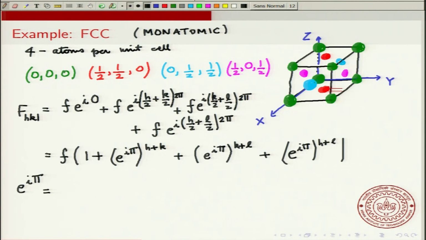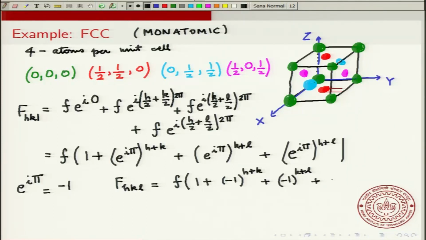Sin pi is 0, cos pi is minus 1. So, this is equal to minus 1. So, therefore, you have f of HKL is equal to f times 1 plus minus 1 raised to h plus k, plus minus 1 raised to k plus L, plus minus 1 raised to h plus L.